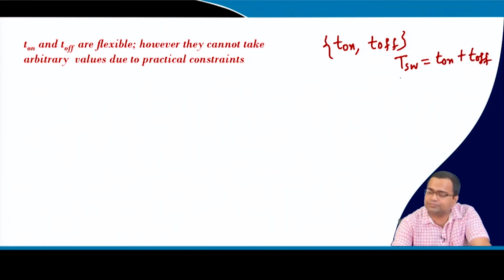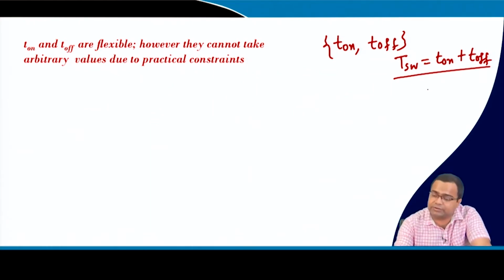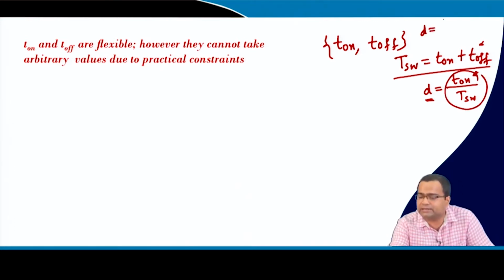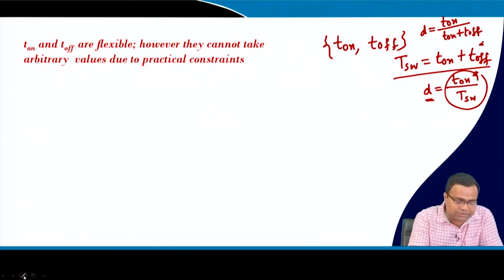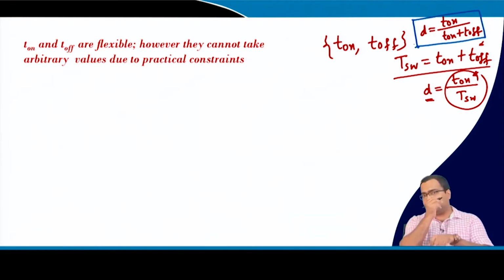The duty ratio D is T on by T on plus T off. If we want to maintain the same duty ratio, we can still vary T on and T off so that the ratio stays the same.